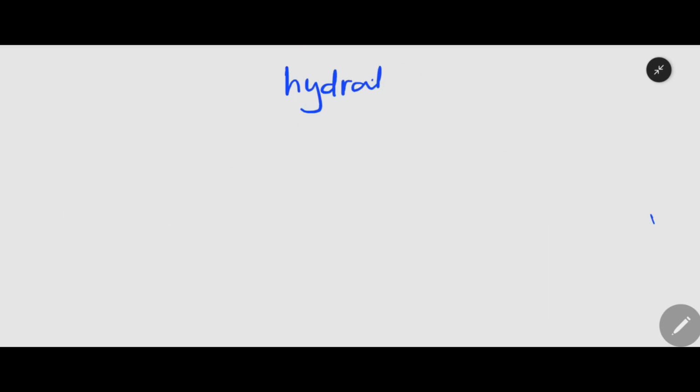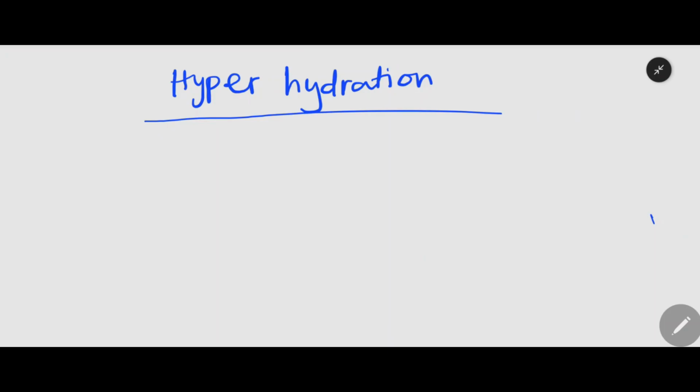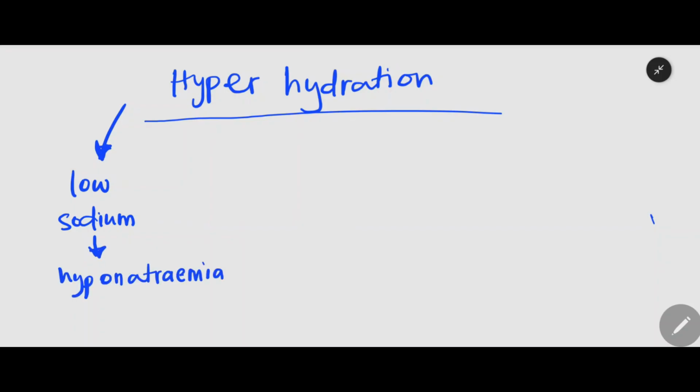But when talking about hydration, we have dehydration, but we also can have something called hyperhydration, which is where you drink too much fluid. And this can lead to really, really critically low sodium levels, which can cause something known as hyponatremia.